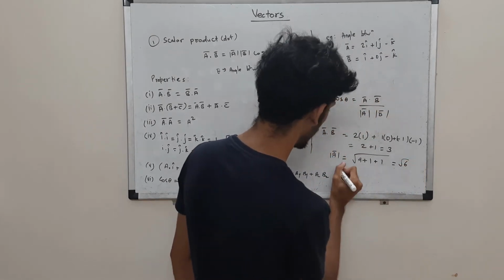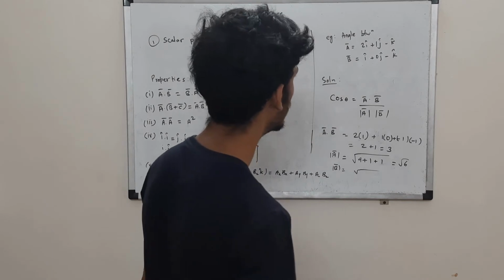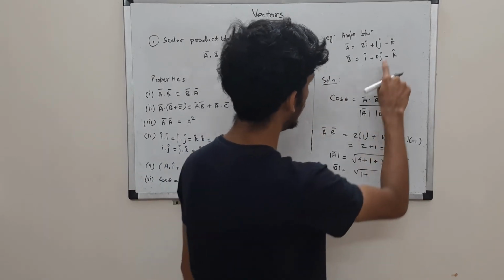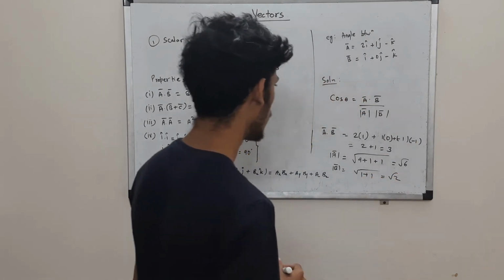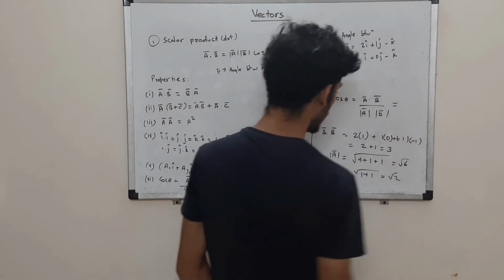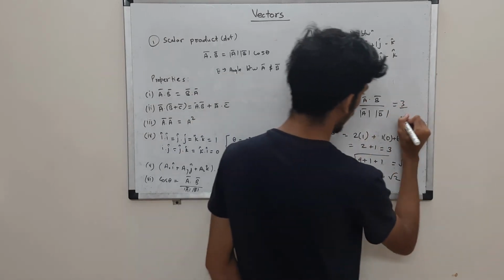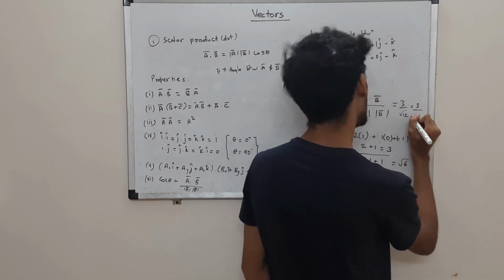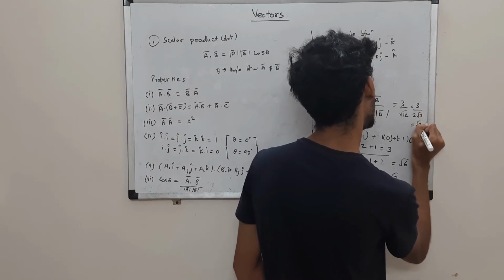For b, the magnitude is 1 square is 1, 0 square is 0, and minus 1 square is 1, so square root of 2. So cos theta is a dot b, which is 3, divided by square root of 6 into square root of 2, which is square root of 12. You can simplify this: 12 is 4 times 3, so 2 root 3, and it will be root 3 by 2.